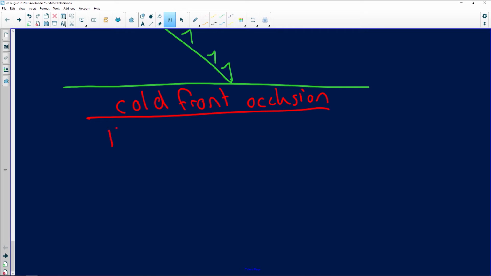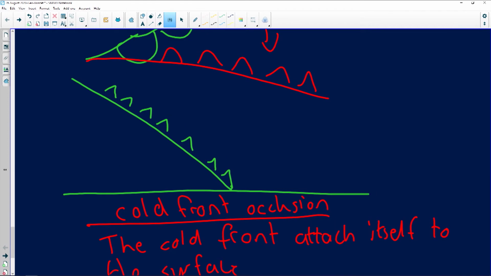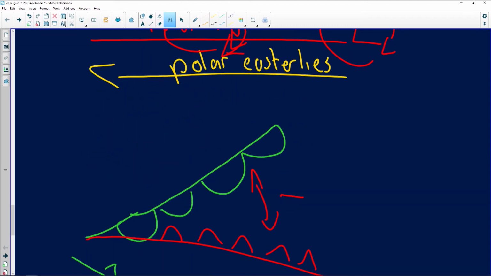The cold front attaches itself to the surface. Now that's exactly what happened there. The cold front attaches itself to the surface. Think of this from a cross-sectional point of view, the same as this.